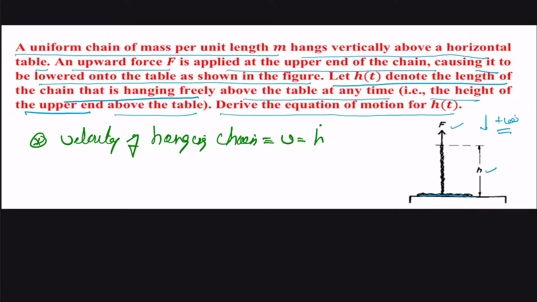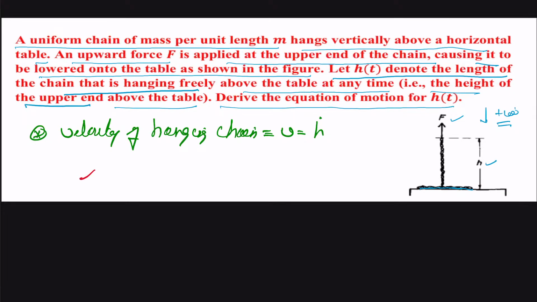And from here also we can find out the acceleration in terms of h. Acceleration, that is our a, we can write as the first derivative of velocity or double derivative of our h.